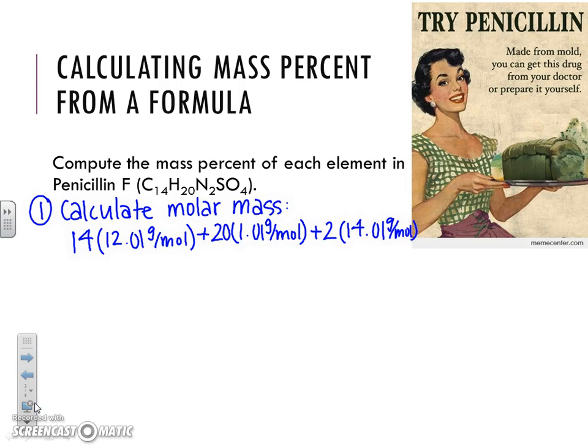And then I'll continue on the second line. We'll have 1 sulfur times its molar mass of 32 grams per mole. And finally, our 4 oxygens, each with a mass of 16 grams per mole.